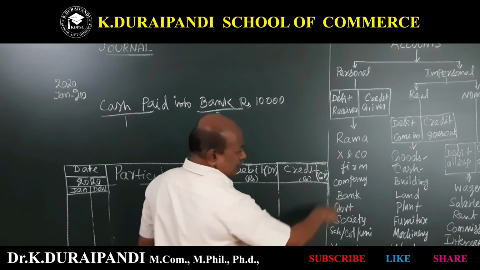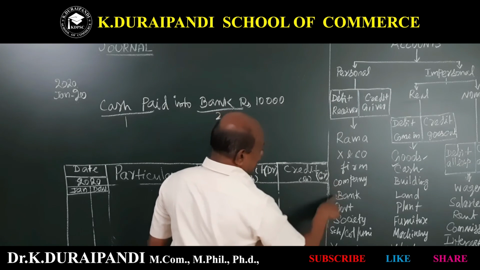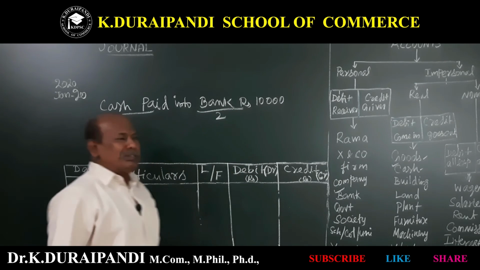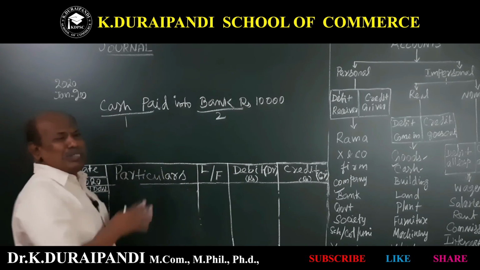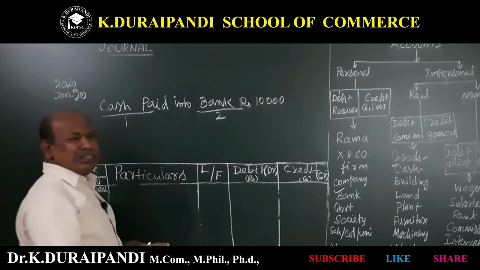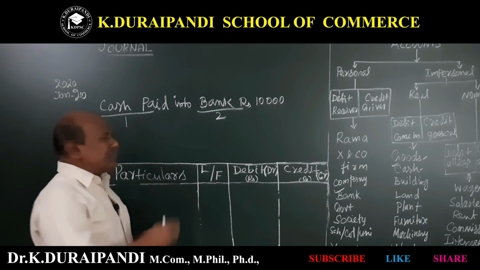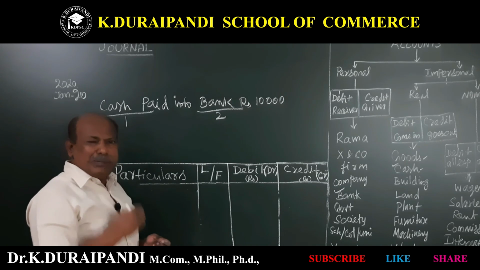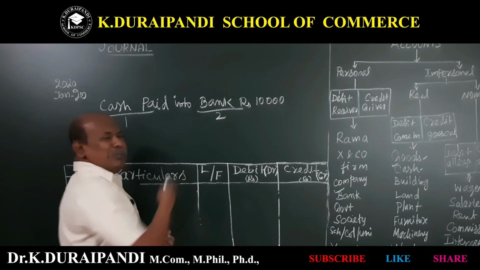Bank is an artificial person, so it belongs to personal accounts. What is the meaning of the business transaction? Cash paid into bank: we are paying cash to the bank. We deposited the cash into the bank.